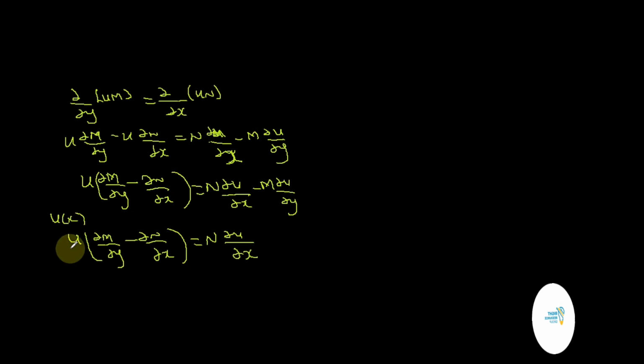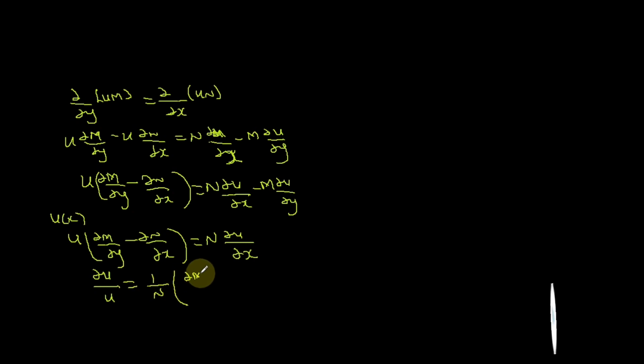At the left hand side we have u, and at the right hand side we have ∂u, so we bring them together, and our ∂x will move to the left hand side and we divide both sides by N. Doing so, we have ∂u/u equals 1/N times (∂M/∂y minus ∂N/∂x) dx.